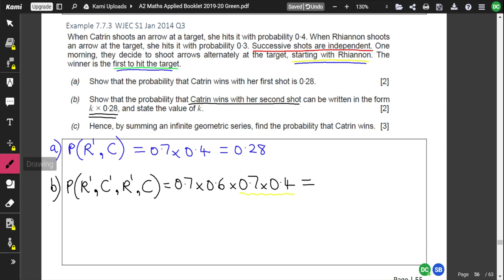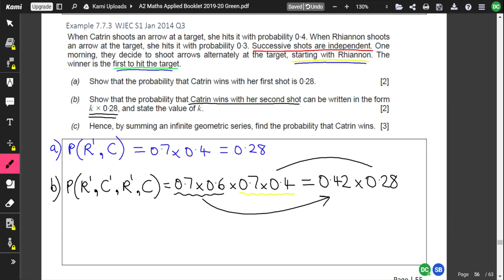So I'm going to write this as 0.7 times 0.6, which is 0.42. So that comes from the 0.7 times 0.6, and then that times the 0.28, which comes from the 0.7 times 0.4. In other words, k is 0.42.